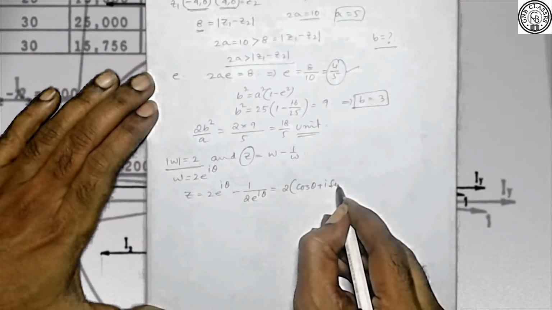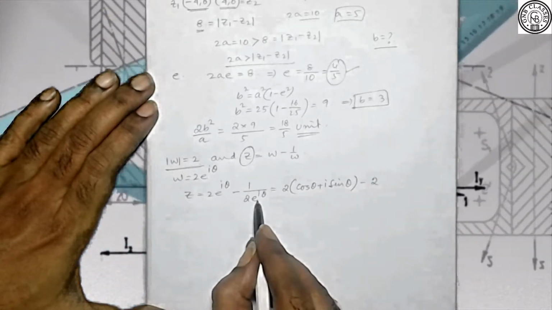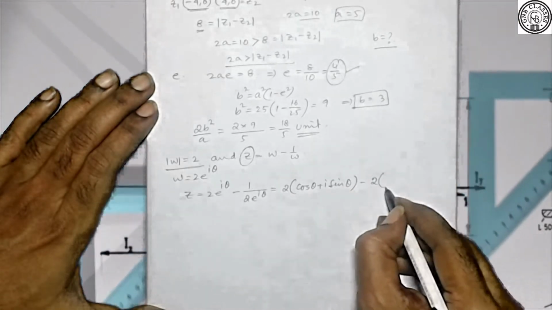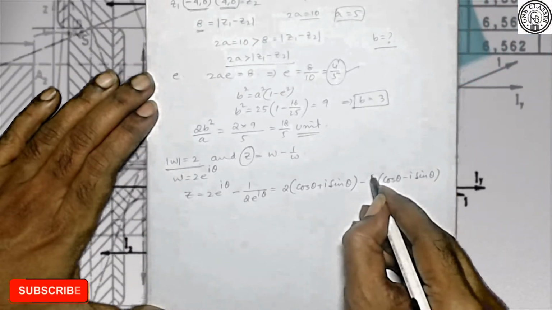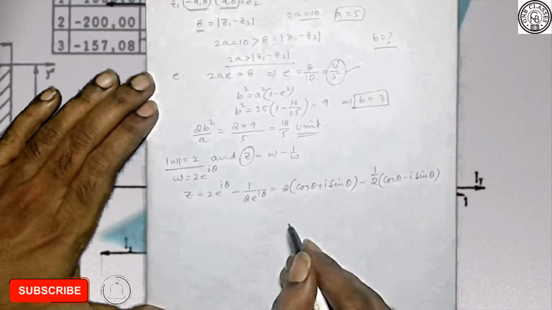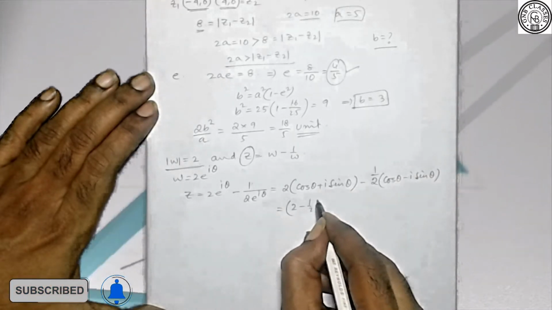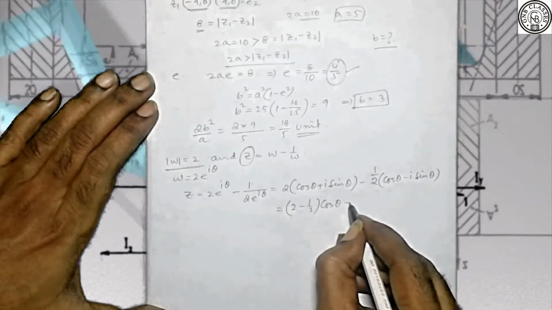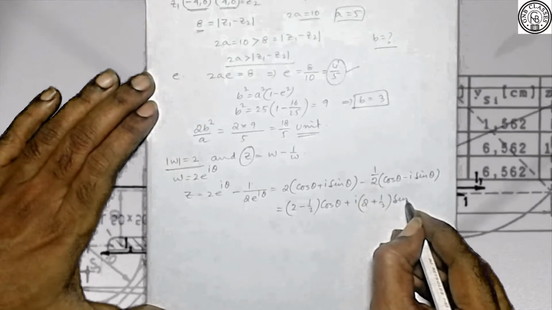So that gives us 2 cos theta plus iota sin theta minus, this is actually e to the power minus iota theta, so that gives us cos theta minus iota sin theta. I'm sorry, this is half, okay, because 1 by 2 is there. So now if I open the brackets, we are going to have 2 minus half cos theta plus iota 2 plus half sin theta.